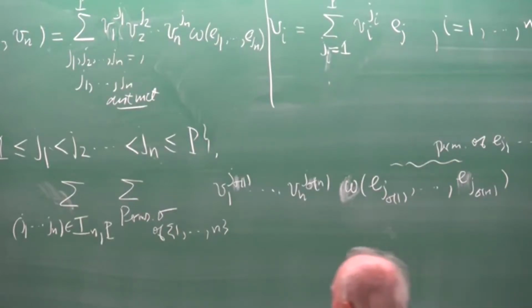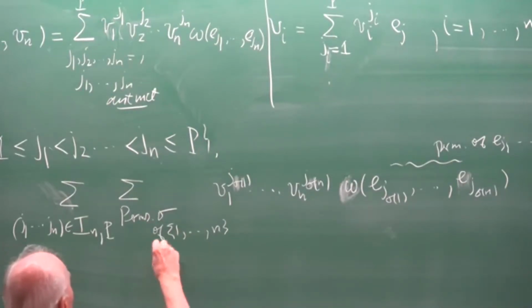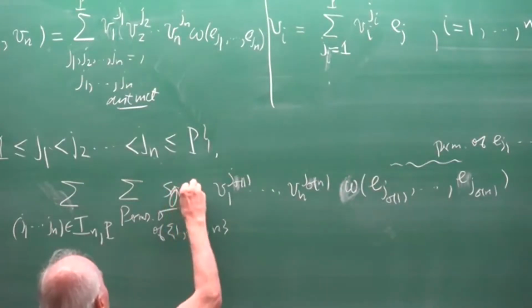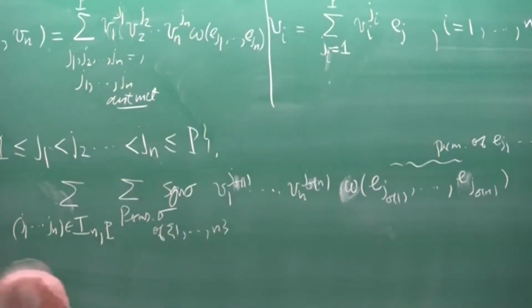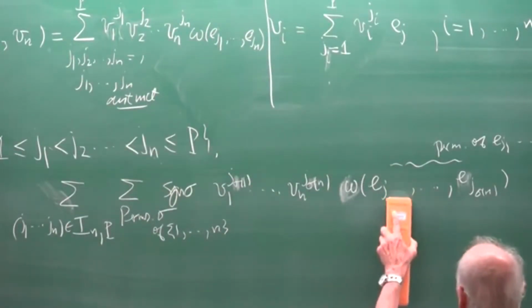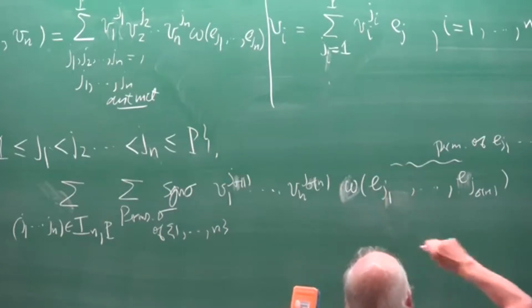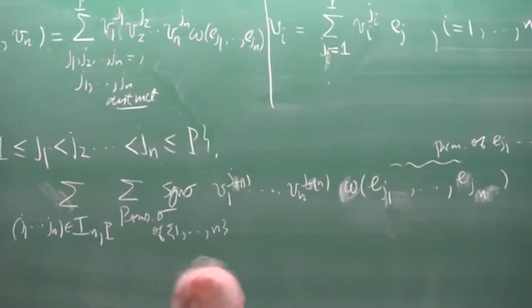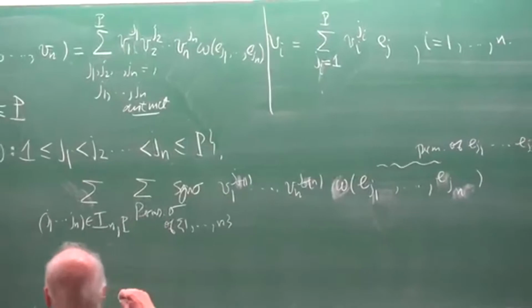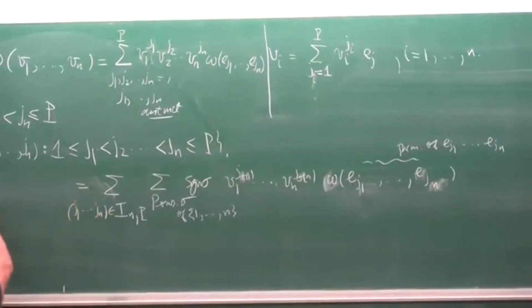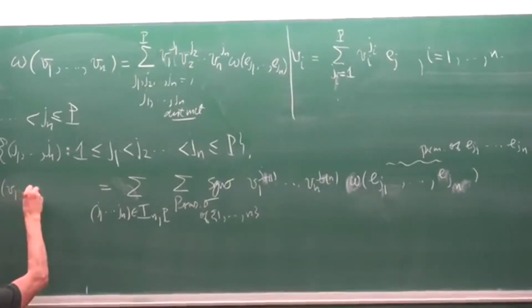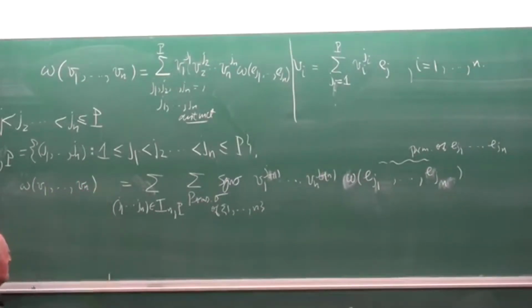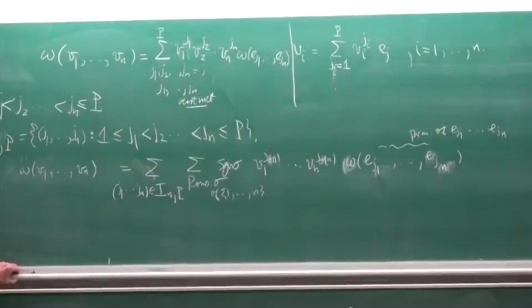So this can be rewritten as sign of sigma, which is plus or minus 1, depending on whether you get an even or an odd number of transpositions, times omega E j1 up to E jn. There we are. And that's looking a little better. Still not great, but at least it's looking like maybe we're getting somewhere.